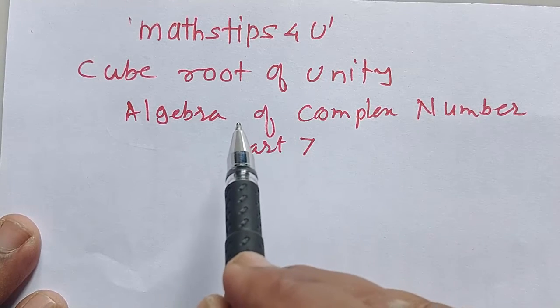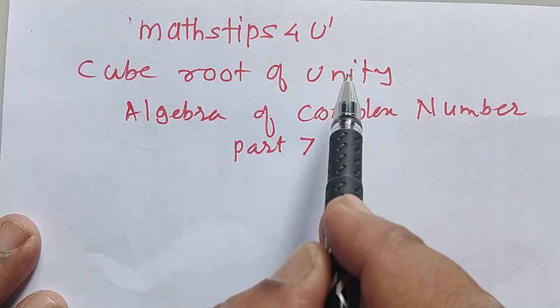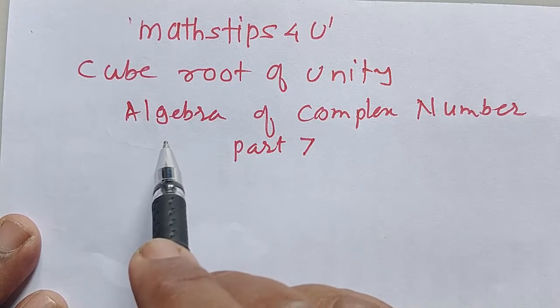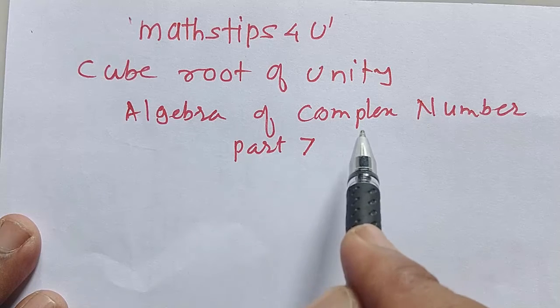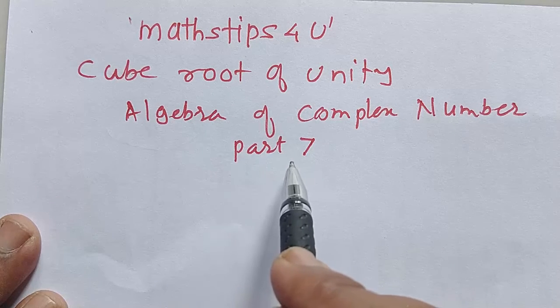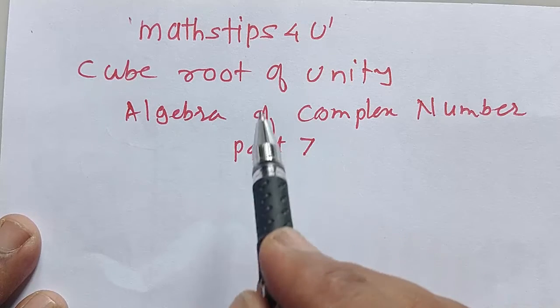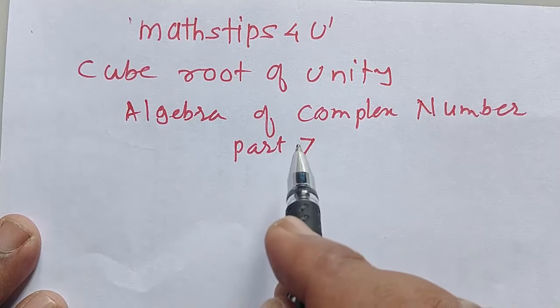In this video we are going to learn what is meant by cube root of unity. We have started algebra of complex numbers. This is part 7, and parts 1 to 6 are linked in the description.